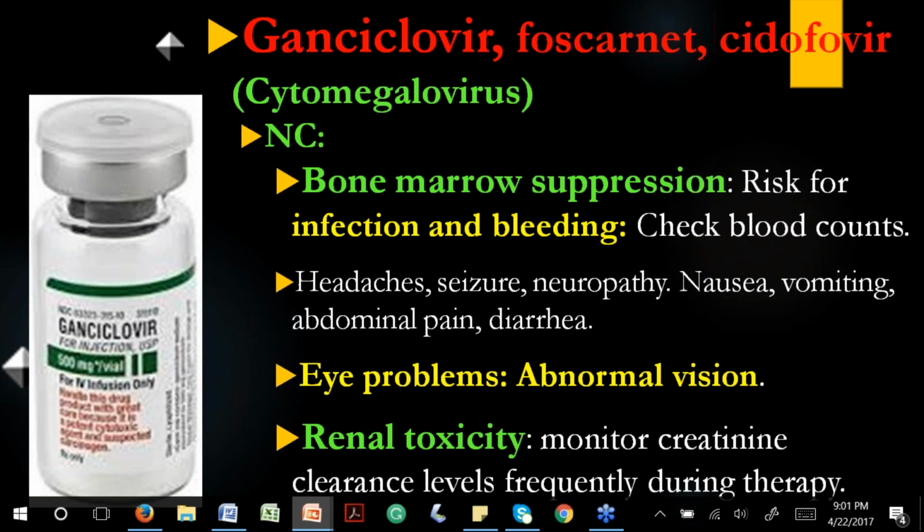So eye problems, abnormal vision, any blurred vision or any abnormality that the patient can say or refer, need to be reported to the doctor immediately. Okay, so again, ganciclovir, as other antivirals, is going to have hepatotoxicity, nephrotoxicity, and photosensitivity. Okay, let's keep going.